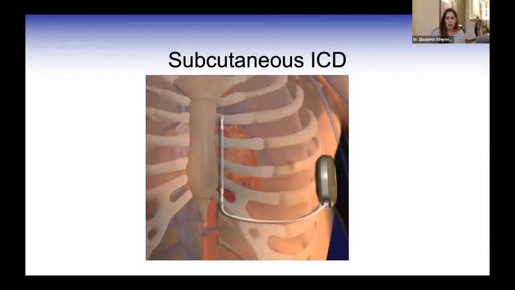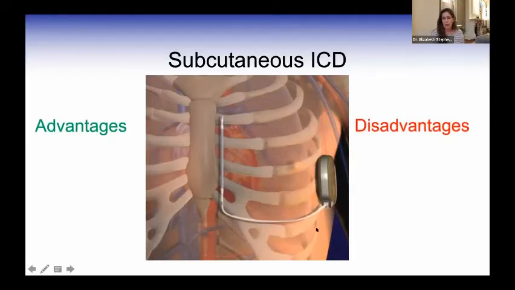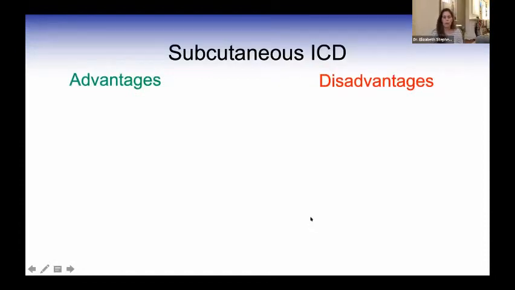So the subcutaneous ICD, just in case not everyone is familiar with it, is an ICD that sits outside of the thorax, as compared to the transvenous ICD, where the generator sits in the axilla and the lead is tunneled across and up alongside the sternum. There are advantages and disadvantages to this type of system, and we're going to explore those a little bit.